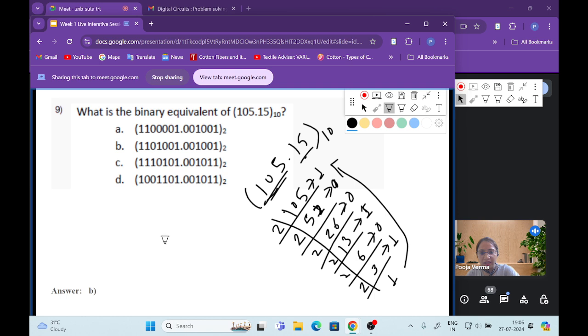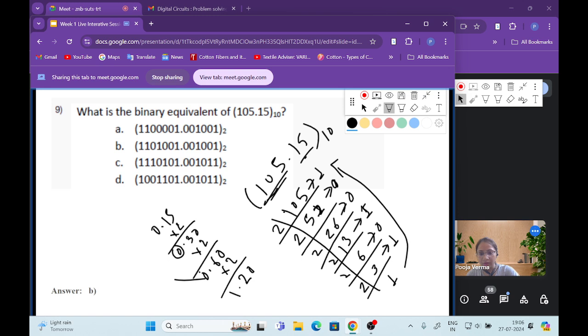Now for the fraction part, it is 0.15 multiplied by 2, 0.30, right? This fraction digit has been taken, 0. Now again multiplied by 2, you will get 0.60. You can take it, again multiply by 2, so 1.20, right?